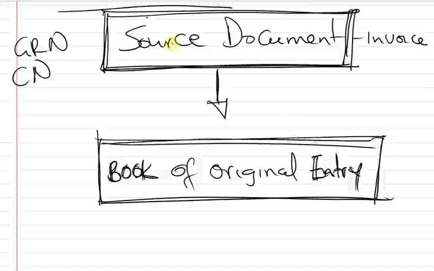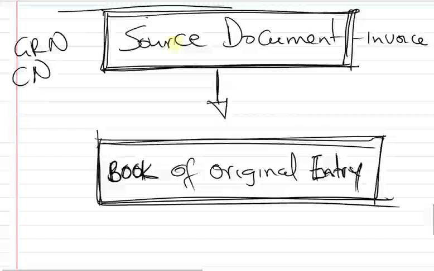We already have an idea how many day books there are. We have the sales day book, the purchase day book, the returns inwards day book, the returns outwards day book, and the journal. Those are the day books I'm talking about.